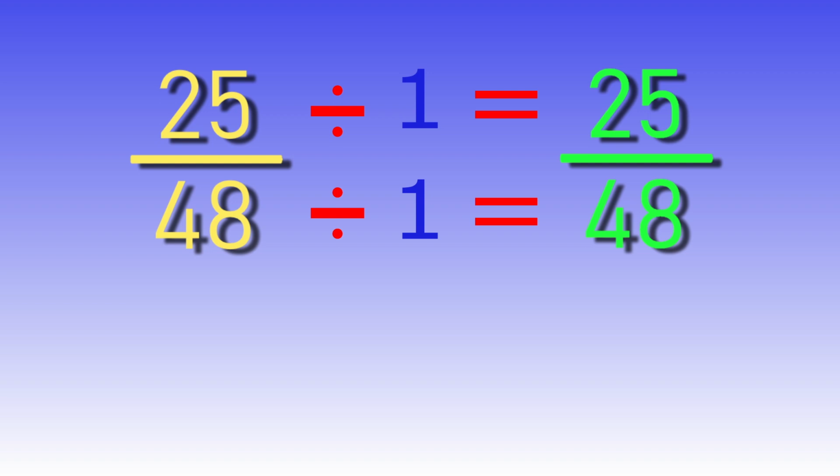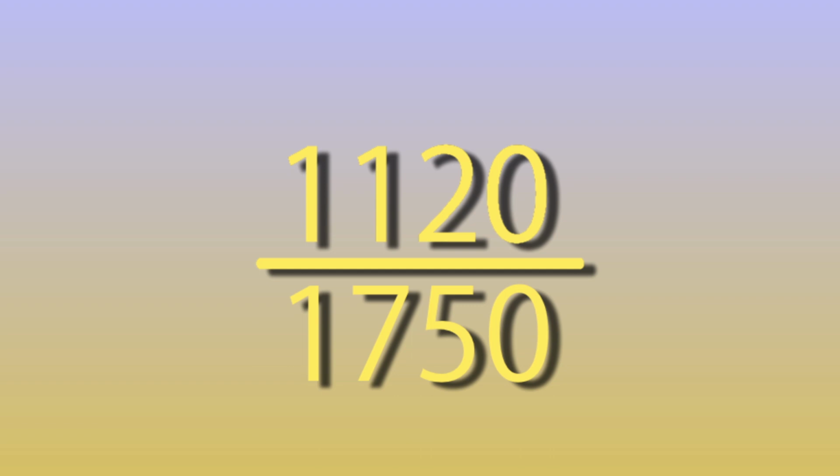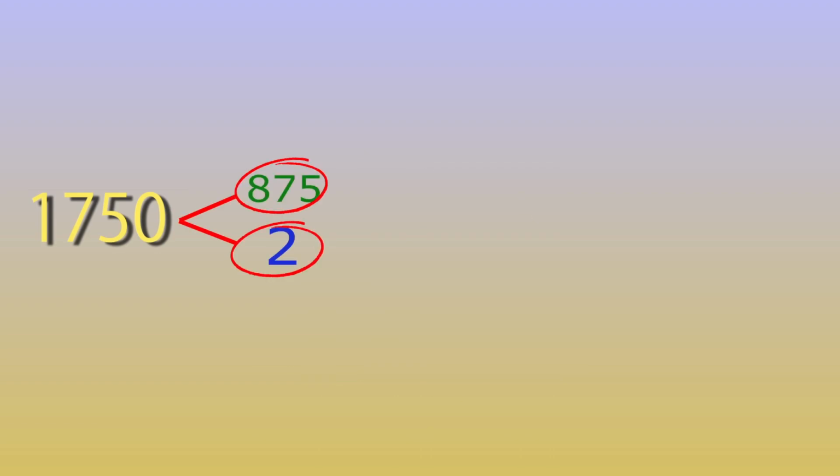What about the much harder fraction 1120 over 1750? Let's use prime factorization to find the highest common factor. Let's start with 1750. 1750 equals 2 times 875. Now 2 doesn't divide 875 and neither does 3, but 5 does. 875 equals 5 times 175.